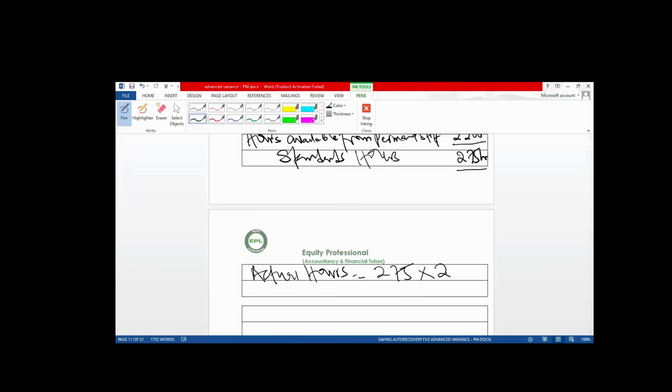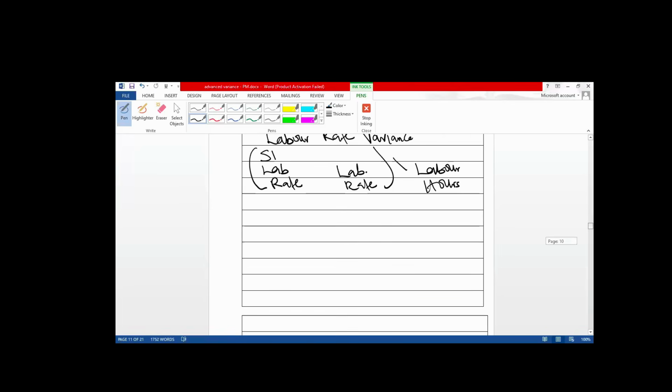That means the actual hour used is 550. Normally they should have used 275. They used 550. If you now want to calculate your variance: standard labor rate per hour, 140.